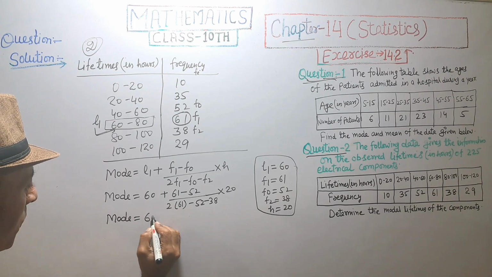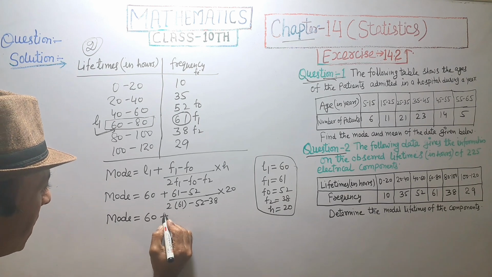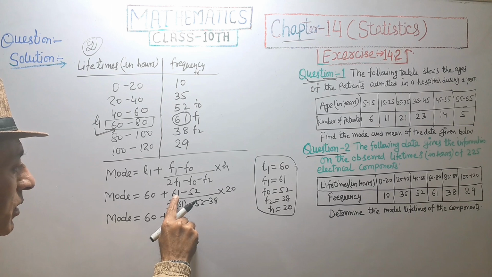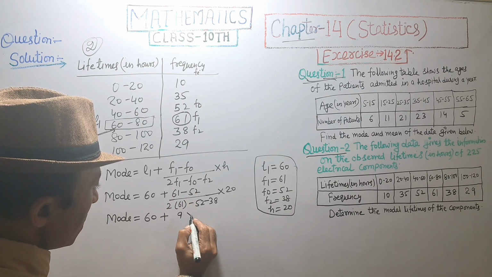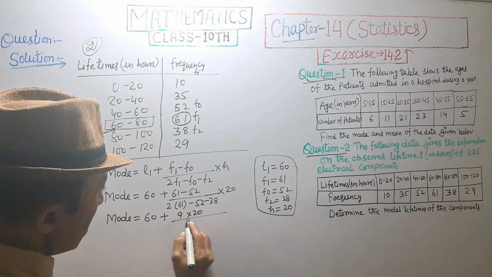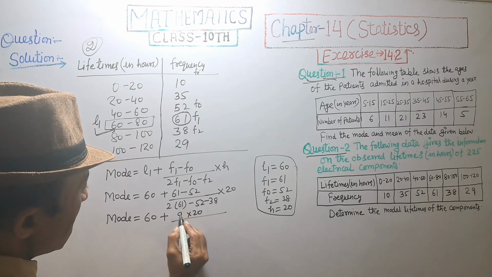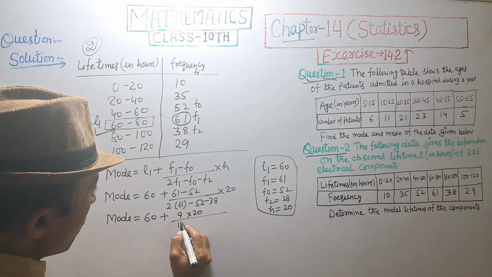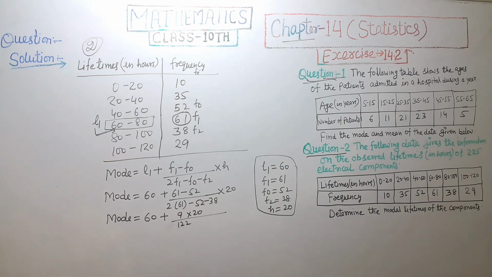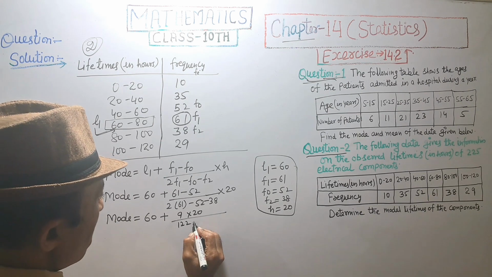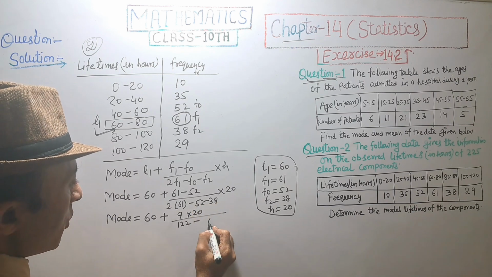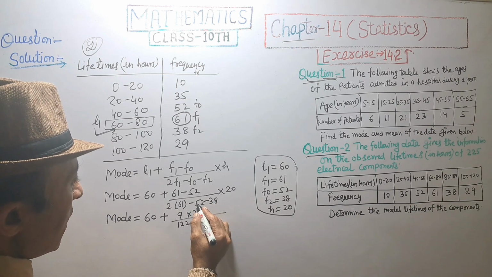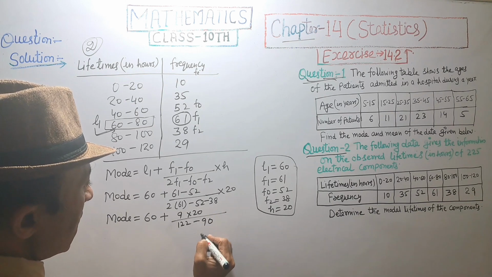Mode is equal to 60 plus 61 minus 52 is equal to 9 into 20, divided by 61 multiplied by 2 is 122 minus 38 plus 52, that is 90.